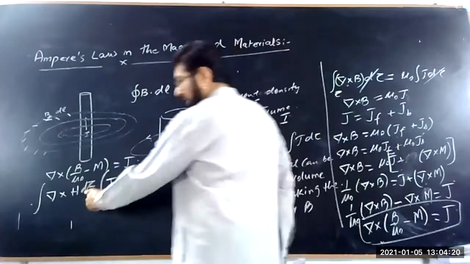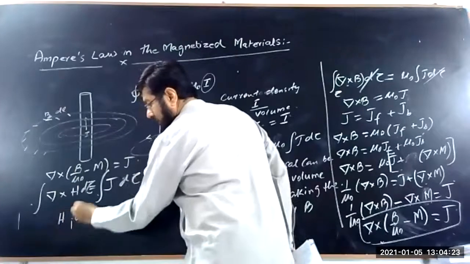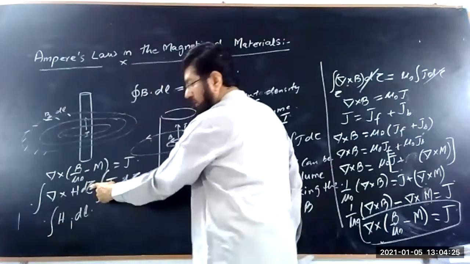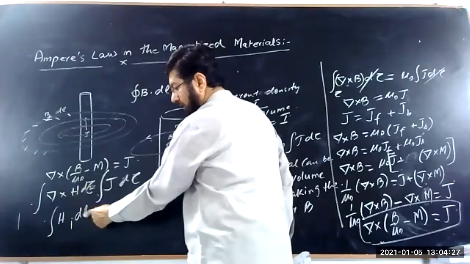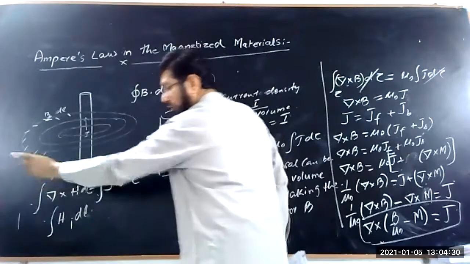Then again this can be written as the integral of H dot dl, since the volume integral is converted into a line integral by omitting the curl.